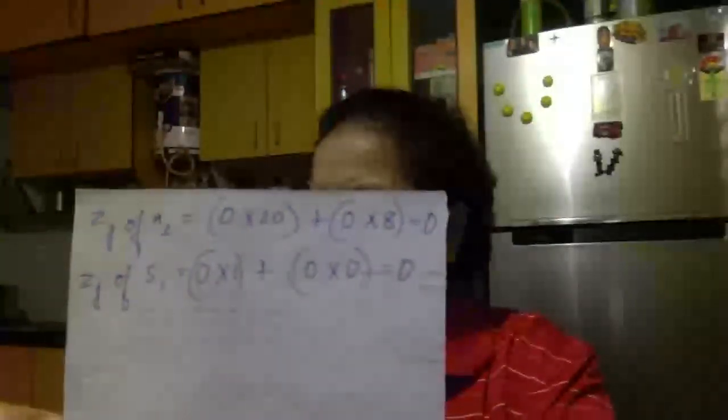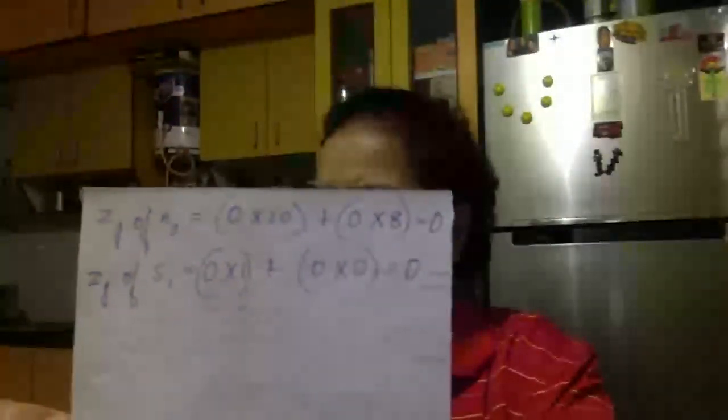Now we'll go to S2. Zj of S2 will be 0 into 0 plus 0 into 1, is equal to 0. Please see, I'll hold it up for a while.